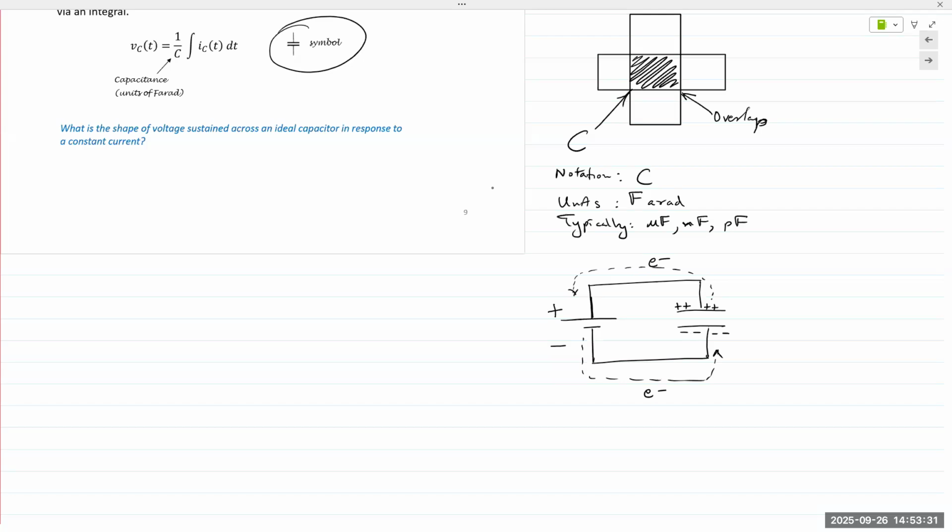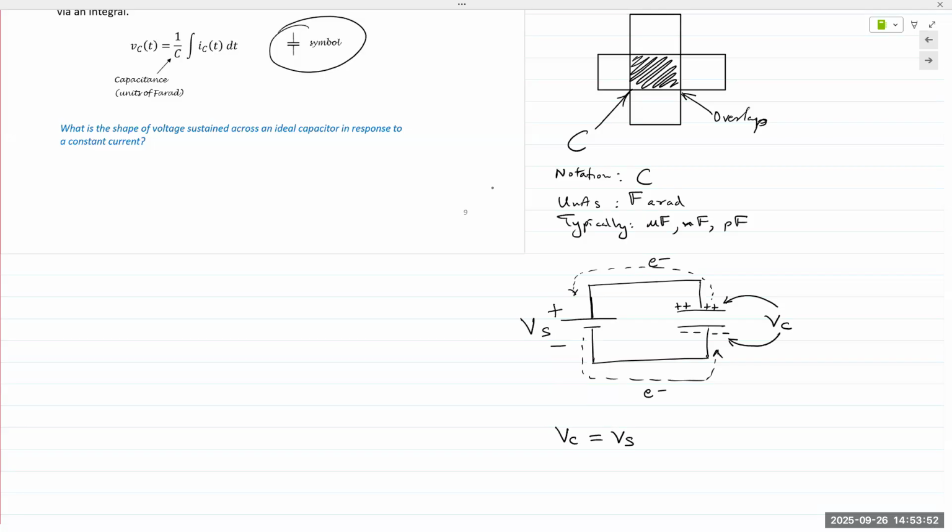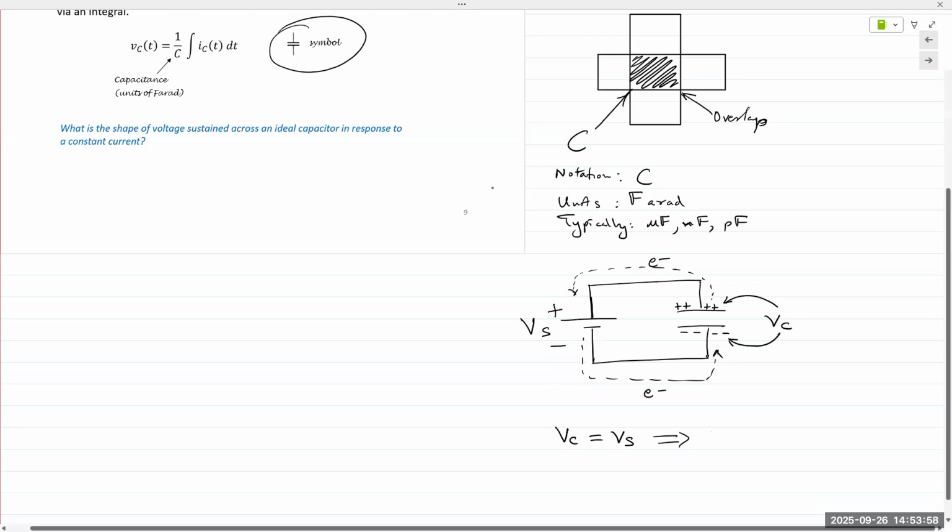The difference in the charges results in a voltage that appears across the capacitor, known as VC. At some point, VC is going to equal the supply voltage VS. When VC, the capacitor voltage, equals that supply voltage VS, we say that the capacitor has reached full charge.